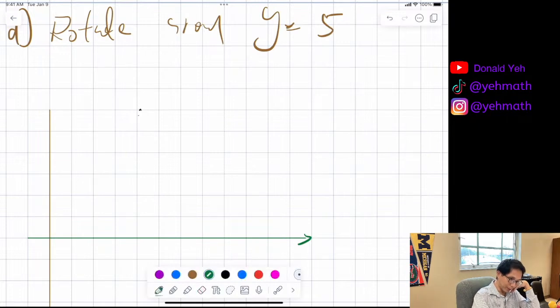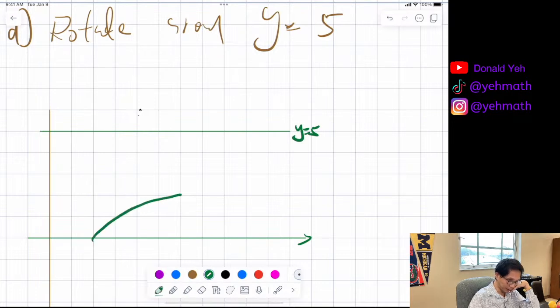So y equals 5, so it's gonna be here. Is that okay? And this is the graph from here to here. Now remember, I draw from the axis of rotation. Is it a dx or dy here? Dx is good. Is that a disk or a washer?